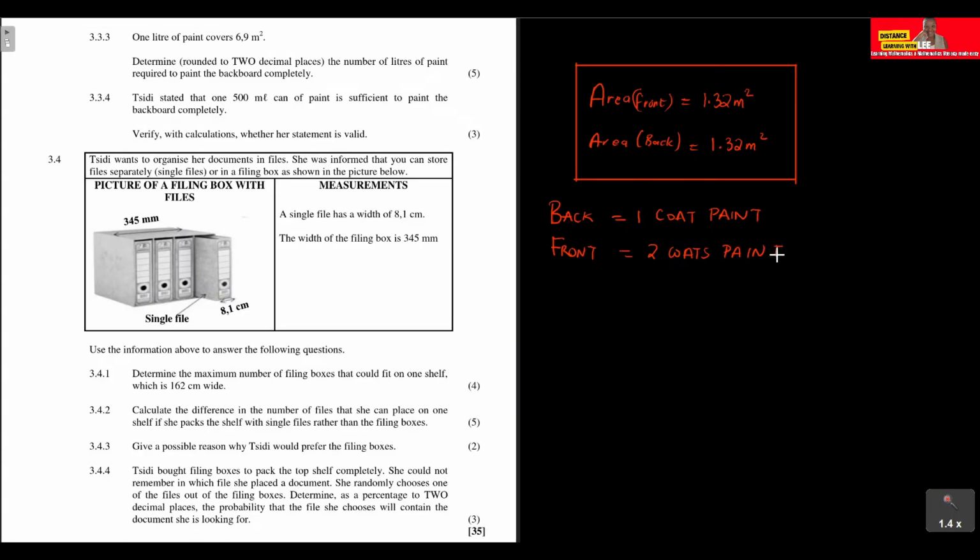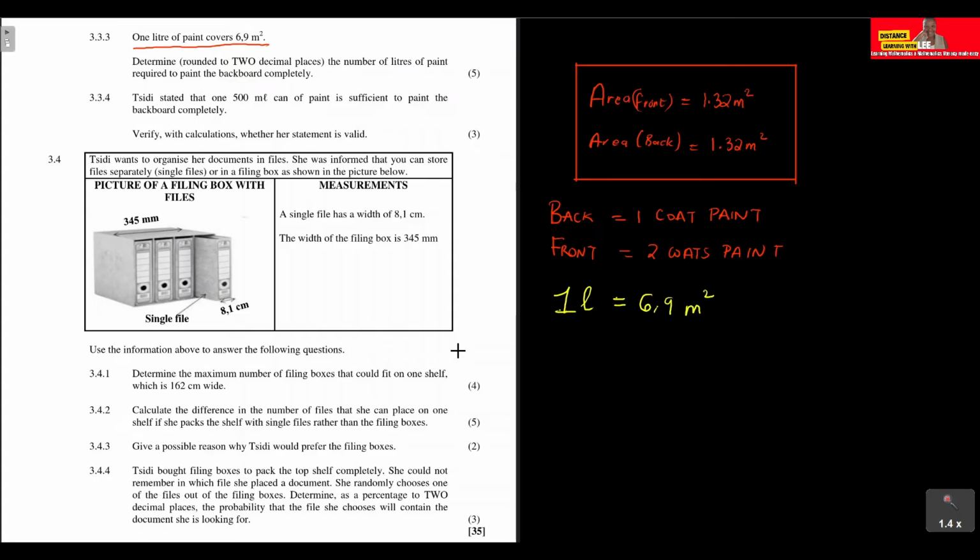Okay, so that is how we are building this question. And we are also told 1 liter of paint covers, so now we know that 1 liter of paint will cover 6.9 meters squared.